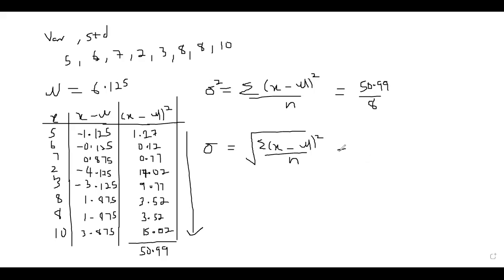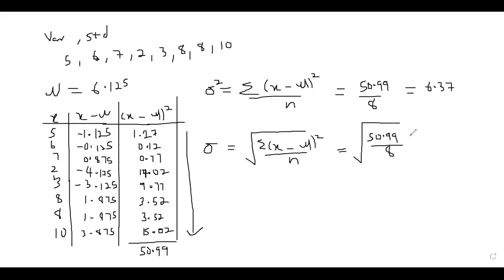And the standard deviation will be the square root of 50.99 over 8. When we do that calculation, 50.99 divided by 8 gives us 6.37.